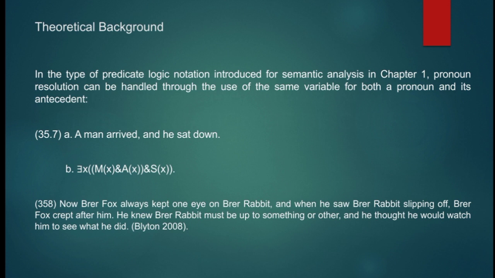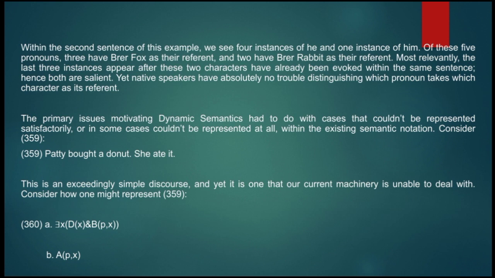So for 358, now Brer Fox always kept one eye on Brer Rabbit, and when he saw Brer Rabbit slipping off, Brer Fox crept after him. He knew Brer Rabbit must be up to something or other, and he thought he would watch him to see what he did. So within the second sentence of this example, we see four instances of he and one instance of him.